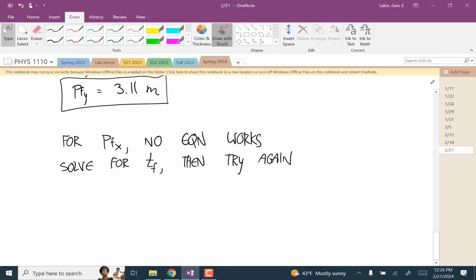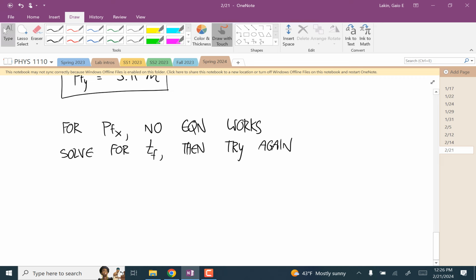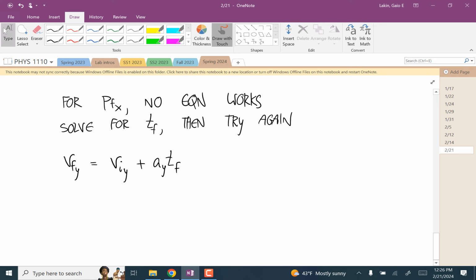Okay, so what can we use to solve for TF? We can use this equation: VFY is equal to VIY plus AY TF. It has TF in it and everything else in it is known.